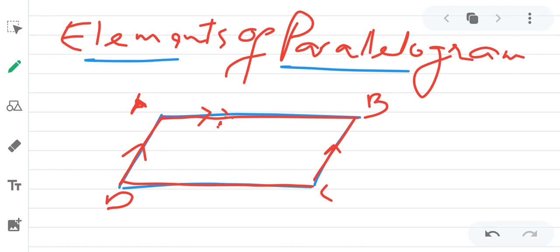So we can say that this AD and BC are opposite sides. So the first element of this parallelogram is its opposite sides.